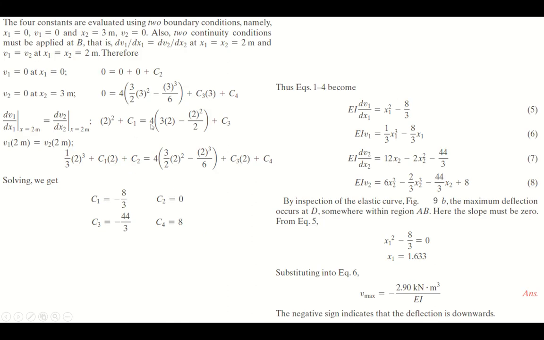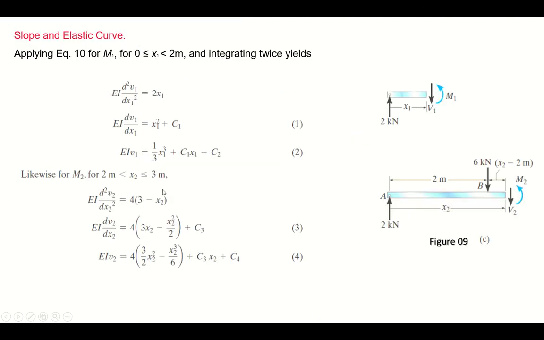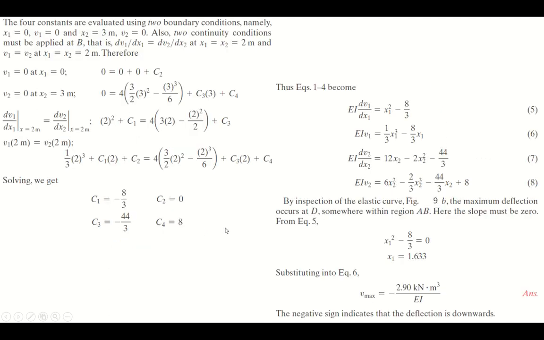So these are the four equations, and when you solve them you get c1 equal to minus 8 by 3, c2 equal to 0 which is quite obvious, c3 equal to minus 44 by 3 and c4 equal to 8. Thus when you put these constants c1, c2, c3, c4 in these equations, you get the values like this.